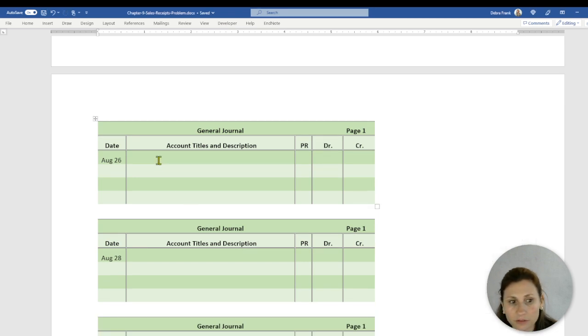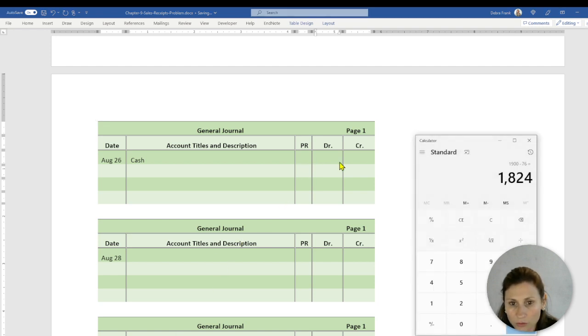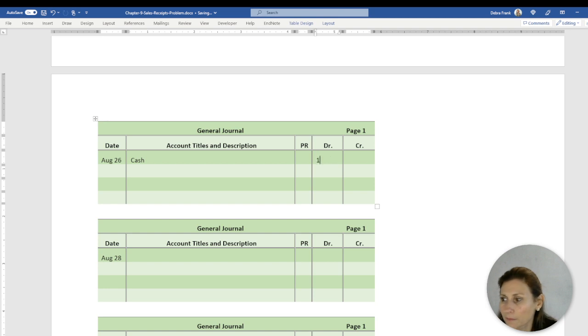So we have right here, cash received. And I already forgot the amount that it was, so let's bring up that calculator. 1,824. All right. And then we had our contra account, sales discount, and that was for that $76 that we had calculated.